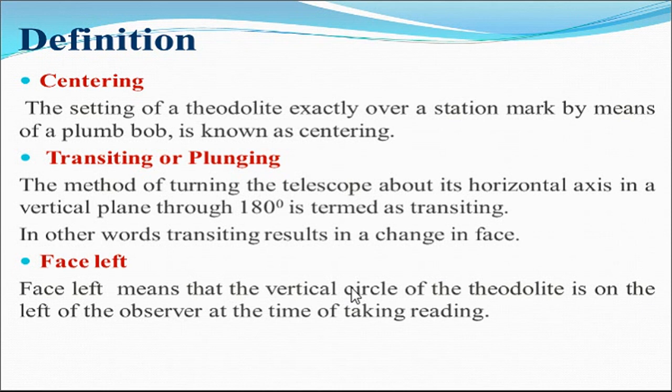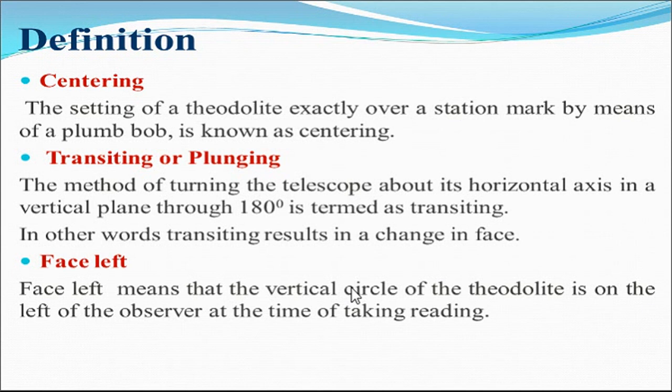Okay, that is centering. Now transiting or plunging. Transit theodolite means just the revolution of the telescope, and here that is known as transiting or plunging. The method of turning the telescope about its horizontal axis in a vertical plane through 180 degrees is termed transiting.